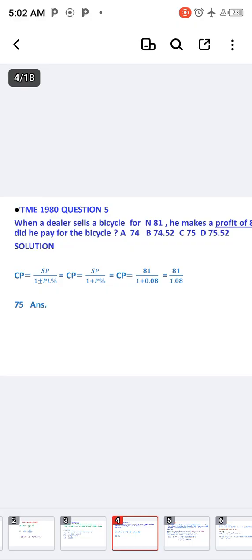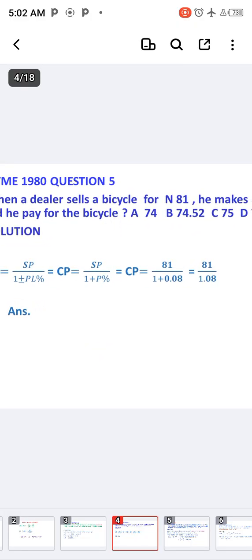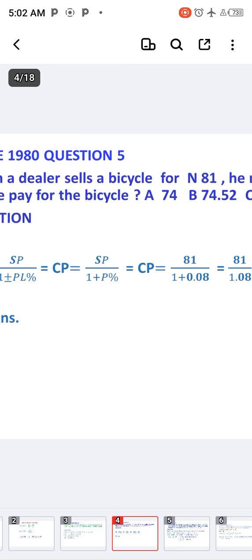We are going to use the second formula, the formula for finding the cost price, which is cost price is equal to selling price over 1 plus or minus profit or loss percent. Because we are talking about a profit, we adjust that formula to be cost price is equal to selling price over 1 plus profit percent.